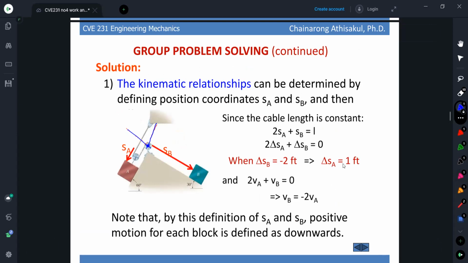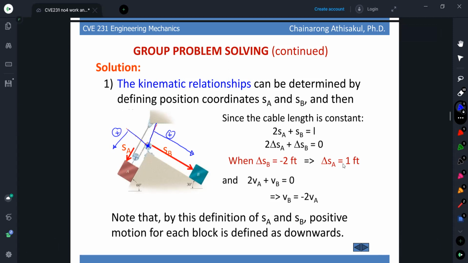We measure from this reference point to each block, which means downward to block B is positive and downward to block A is positive also. So for this case, downward is the positive direction.